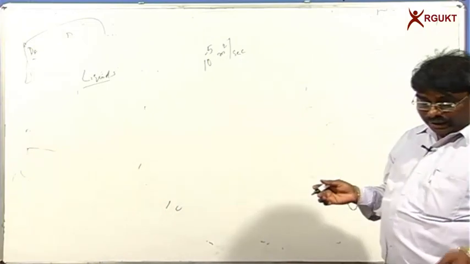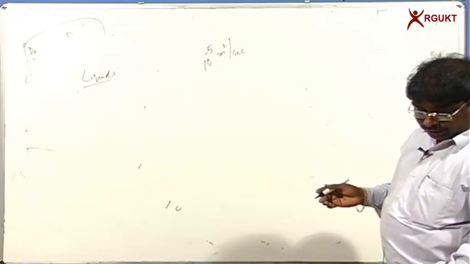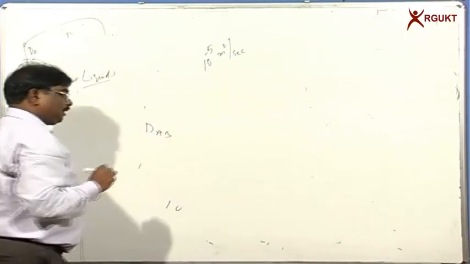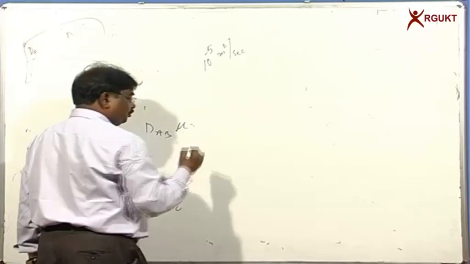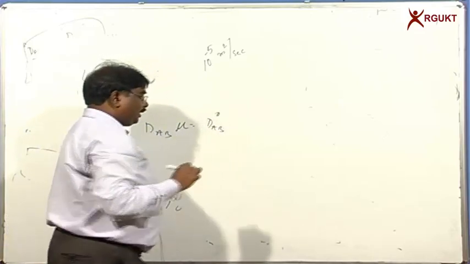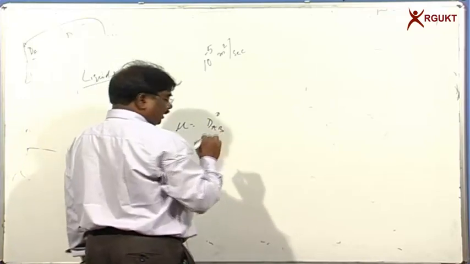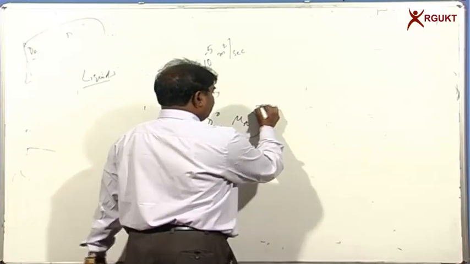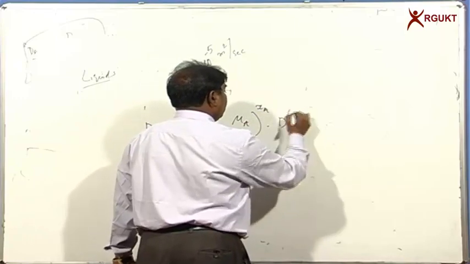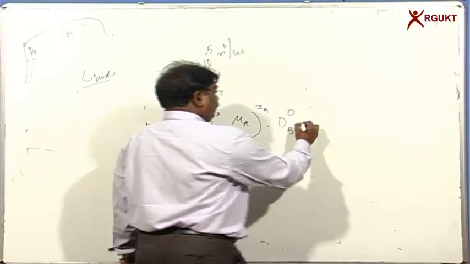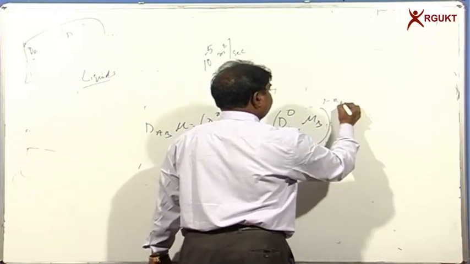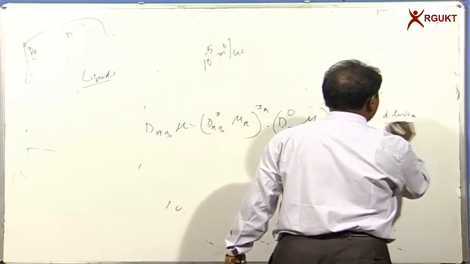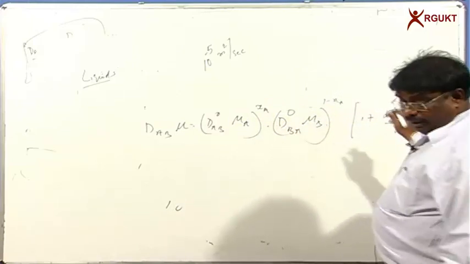Maybe 50% of A is there and 50% of B is there, so there is an appreciable concentration of A and B. So D_AB into mu is equal to D_AB naught, that is the diffusion coefficient of A in B at infinite dilution of A, multiplied by viscosity of A to the power of X_A, into D_BA naught, infinite dilution of B in A, mu_B to the power of 1 minus X_A, and multiplied by 1 plus d ln gamma A by d ln X_A.